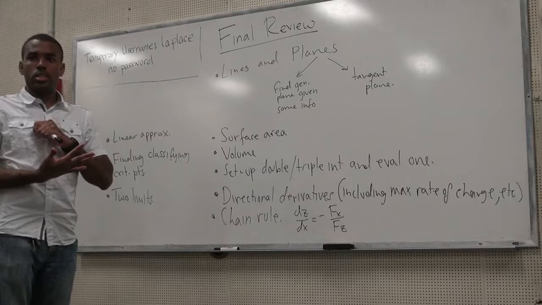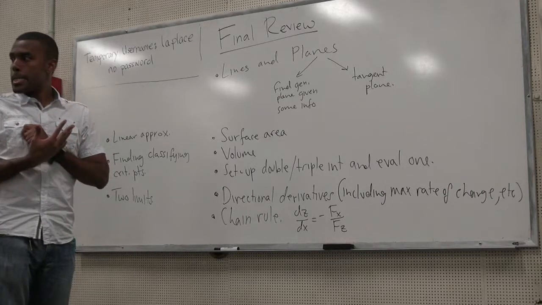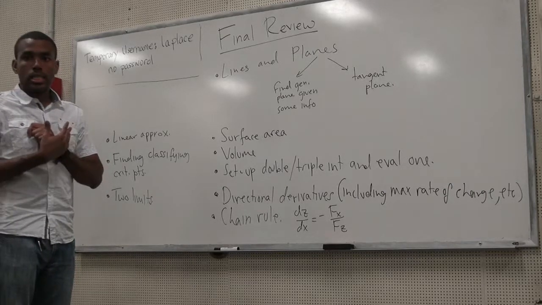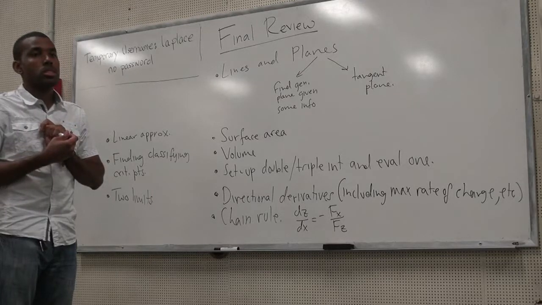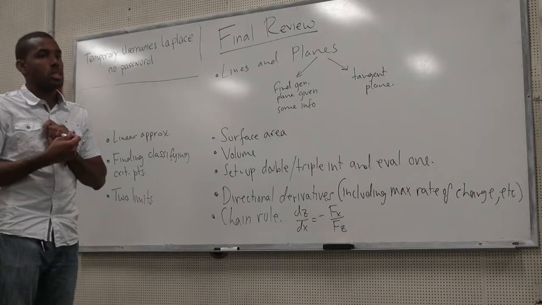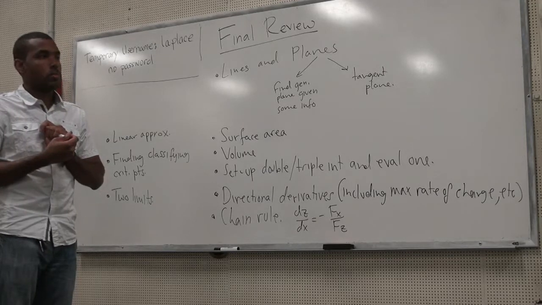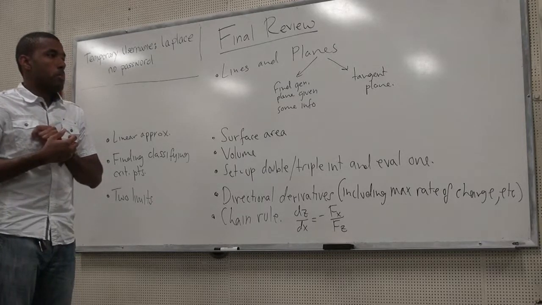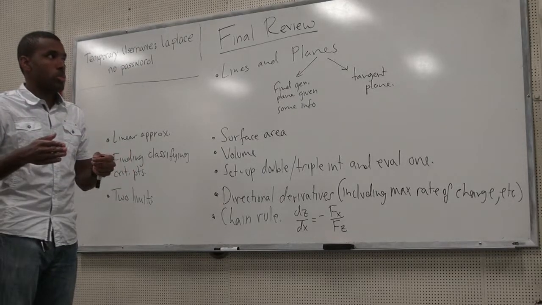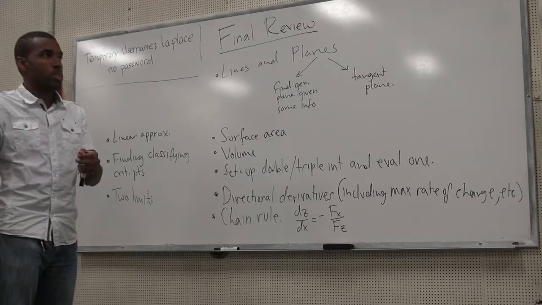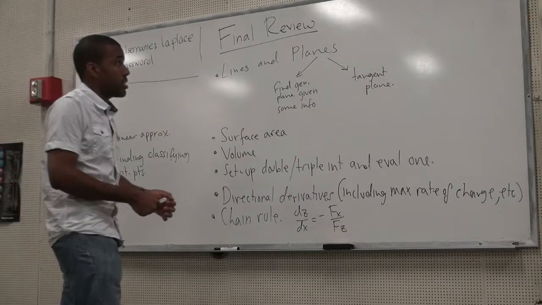Other general questions, concerns? For the approximation theorem, how do we judge it? Basically, if you approximate something by n terms, the error estimate is the n plus first term. That tells you how good it is.